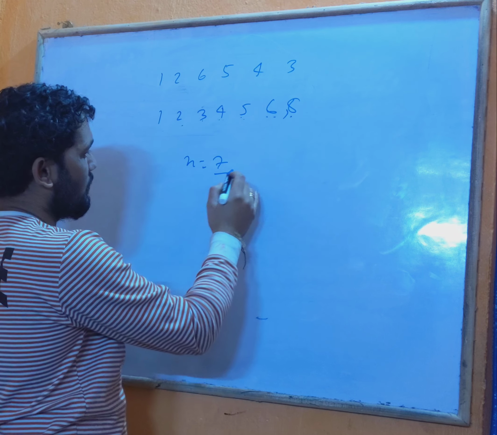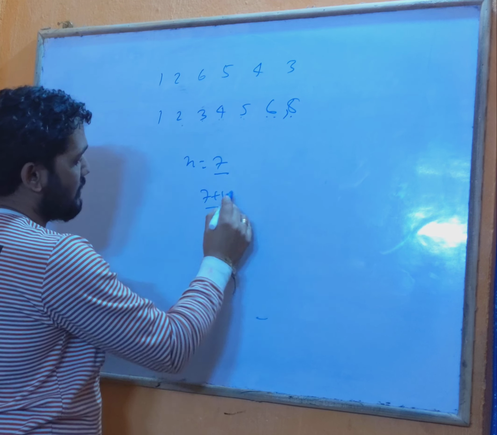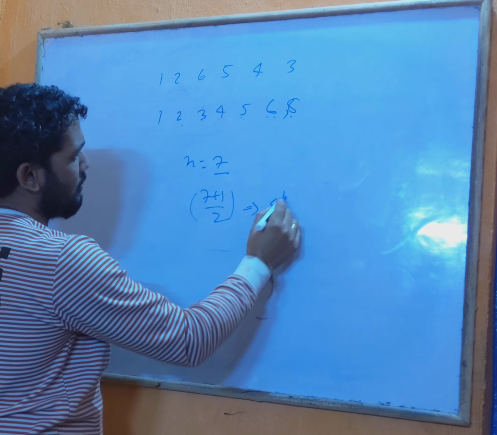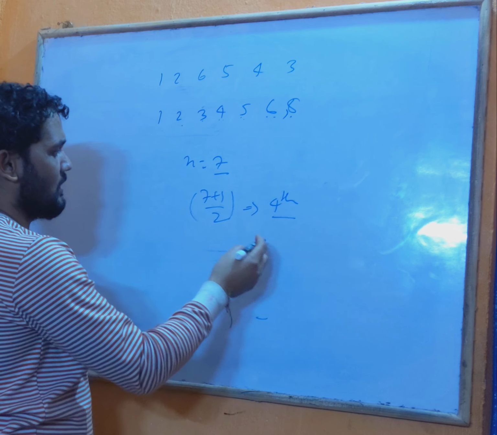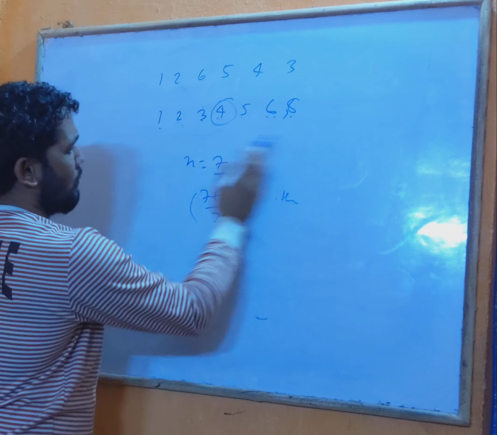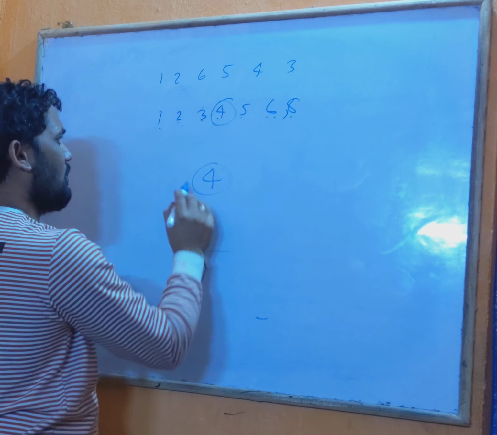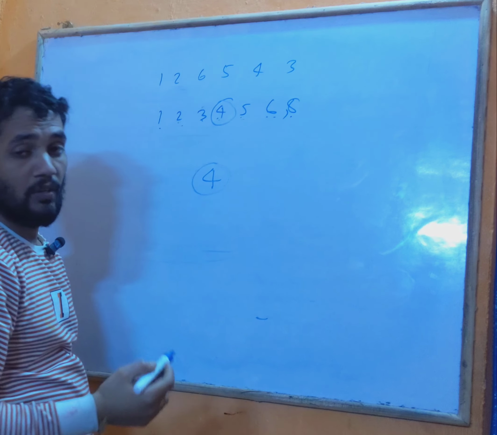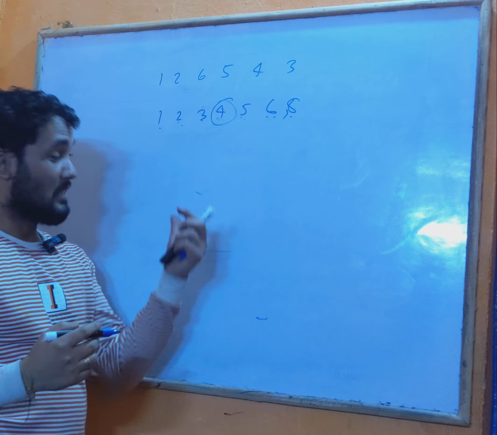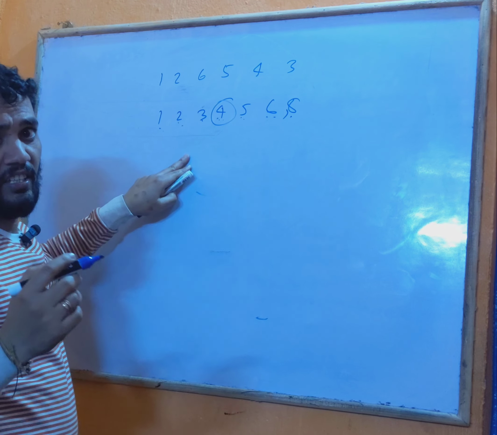So for an odd number, what is the median? The 7 plus 1 by 2th observation means the fourth observation, and the fourth observation is 4. So 4 is your median.